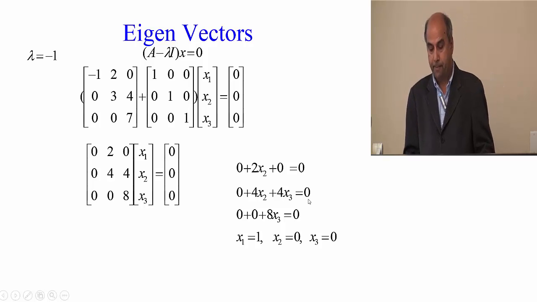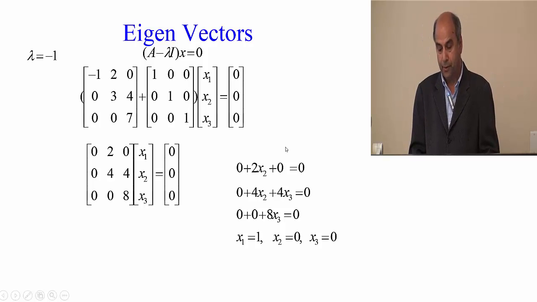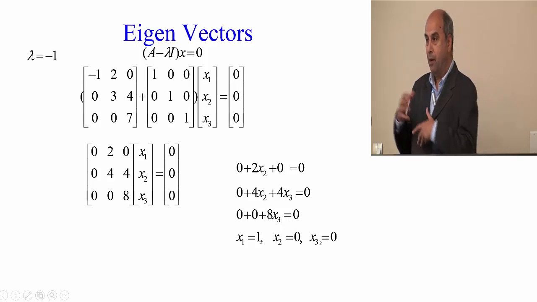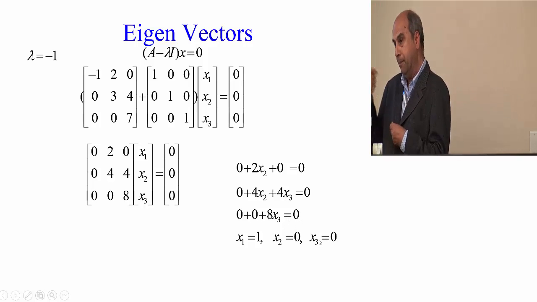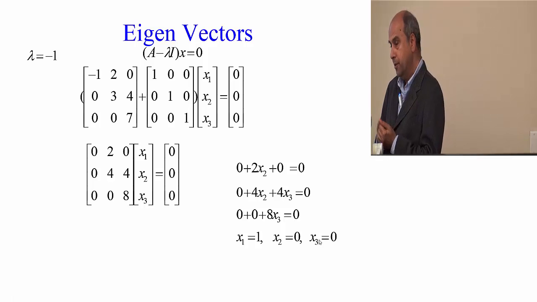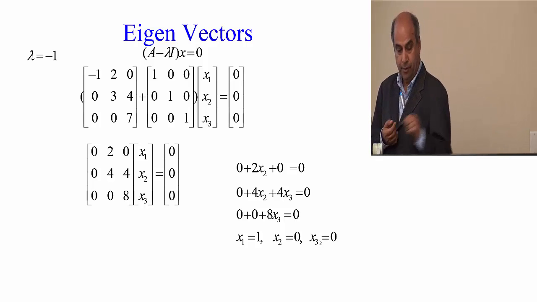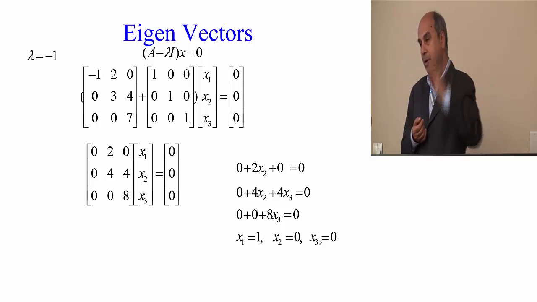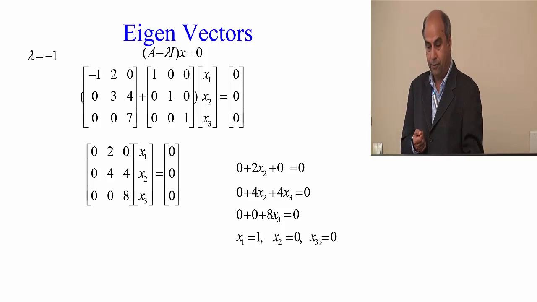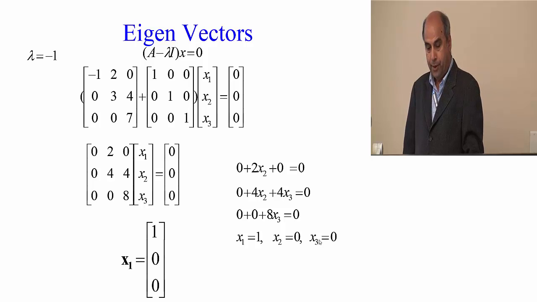So from here we know that x2 has to be 0, and from here x3 has to be 0. So now x1 doesn't have any constraints, so we can pick any number, 1. So that is the eigenvector corresponding to this eigenvalue, and you can find eigenvectors for the other two. So that's eigenvector, eigenvalue. Okay?